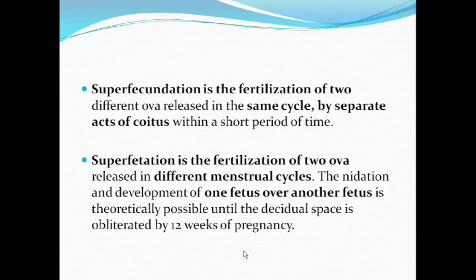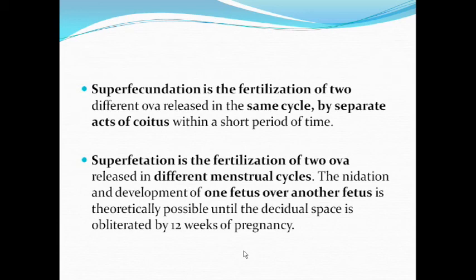Superfecundation is the fertilization of 2 different ova in the same menstrual cycle by separate acts of coitus within a short period of time.